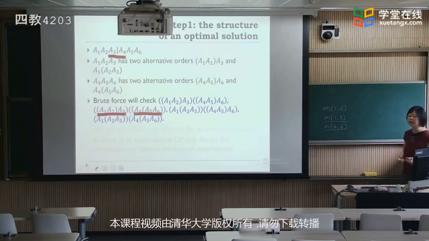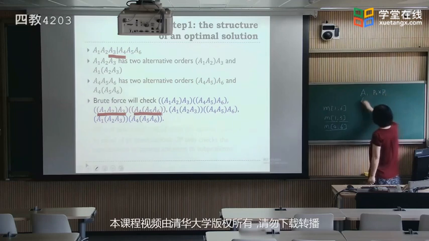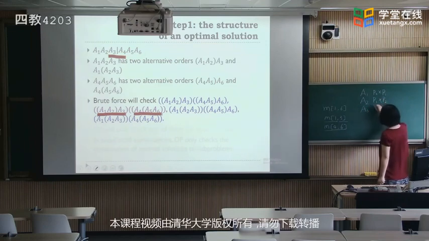Let's calculate the cost. The dimensions for A1 is P0 by P1, and dimensions for A2 is P1 by P2, and dimensions for A3 is P2 by P3.